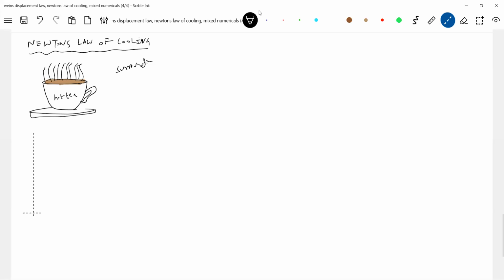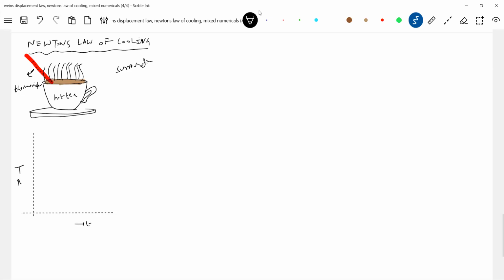That's the primary discussion. So for that, I'll put one thermometer inside it. This is a thermometer. So I'll now plot the temperature versus time graph.